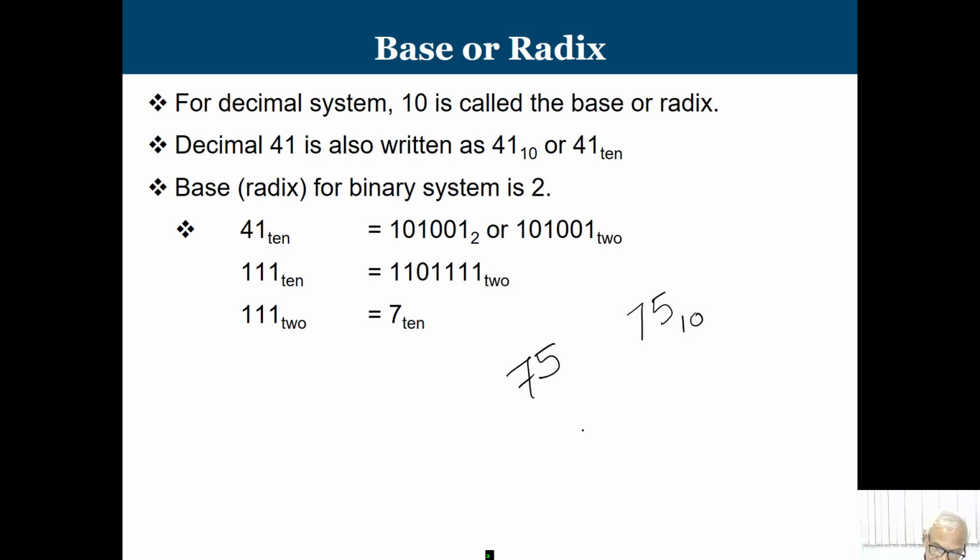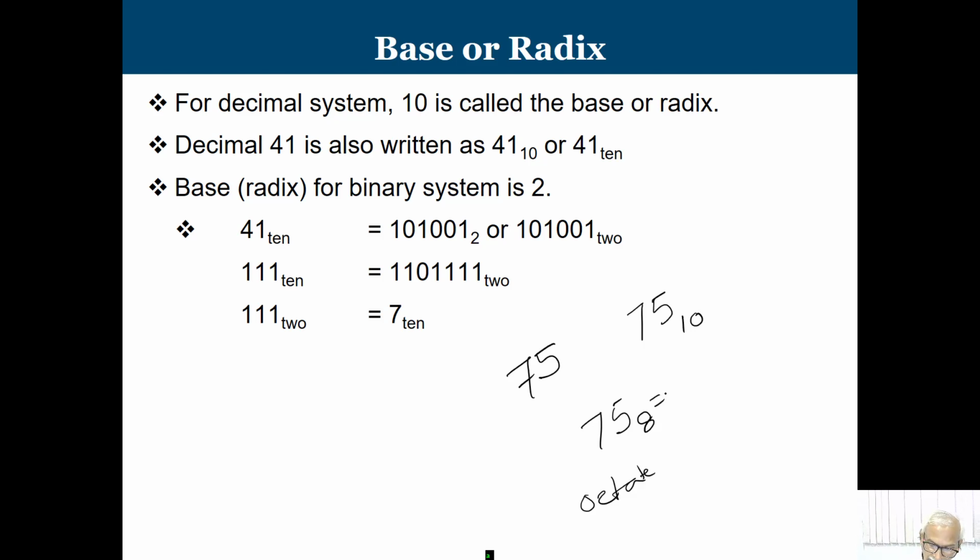So in this particular case, if I say 75 with subscript 8, then this is the number 75 with base or radix 8. That means it is a base 8 system, and such a system is known as octal.